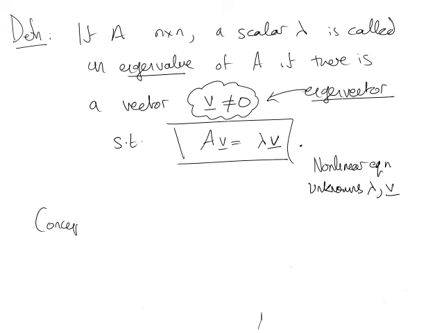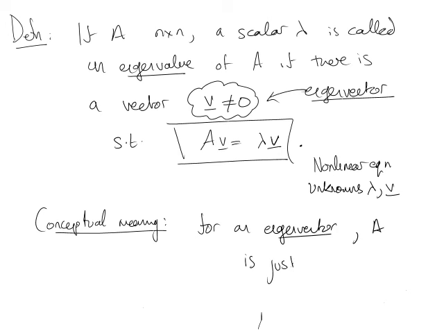And as before, the conceptual meaning of this is that for an eigenvector, A is just scalar multiplication, and the number by which it scales is the eigenvalue, lambda. Okay, so to give you a better handle on this, I want to make some remarks about how eigenvalues and eigenvectors are related to each other.